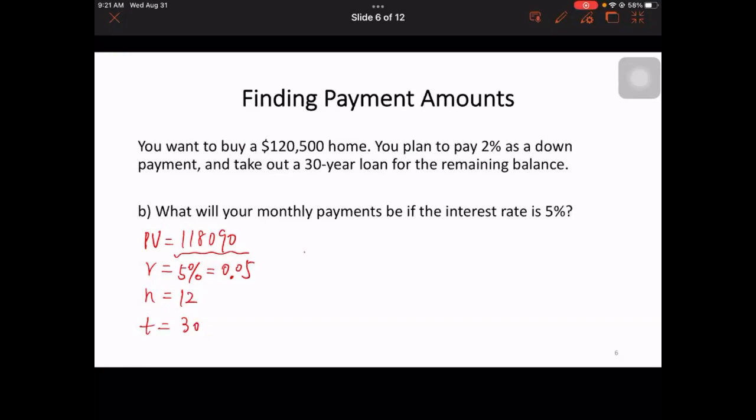Okay, I put up the formula, and then see if you can match mine.